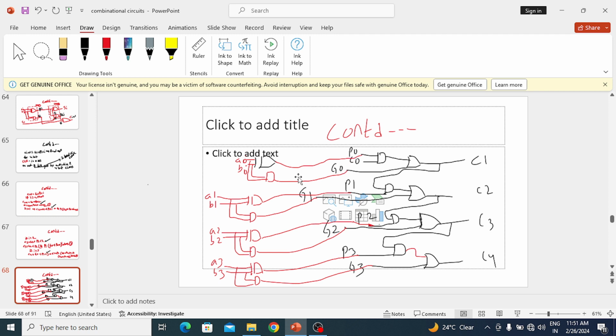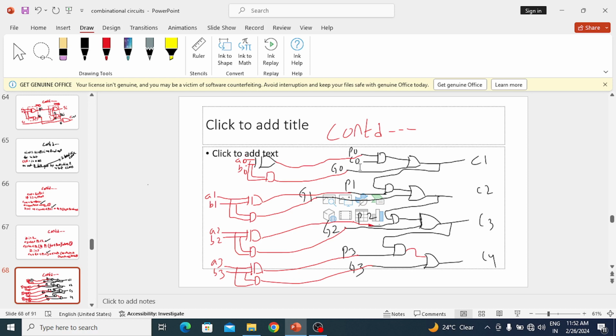Now take the same A0 B0, connect them to an AND gate, and give that output to G0. The same you do for the others, but here A1 B1, A2 B2, A3 B3. So here you are applying AB values. If I have 4 bits, I can get A0 to A3, the 4-bit value A, and the 4-bit value B. A0 to A3 bits I will give here, B0 to B3 bits I will give here.